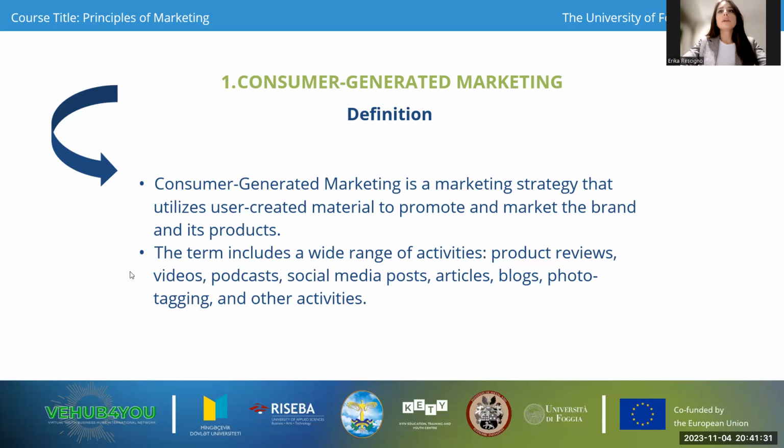Just to give 5 examples of real consumer-generated marketing, we have contests, which are an efficient way of increasing brand awareness and building engagement for a branded hashtag, for example.